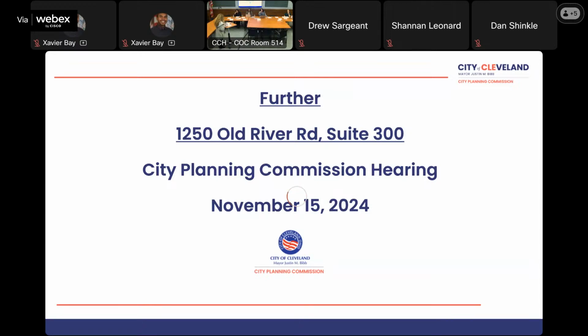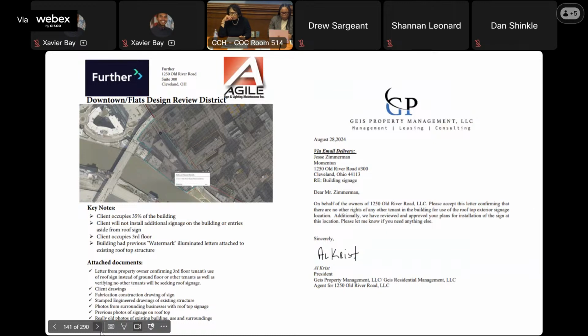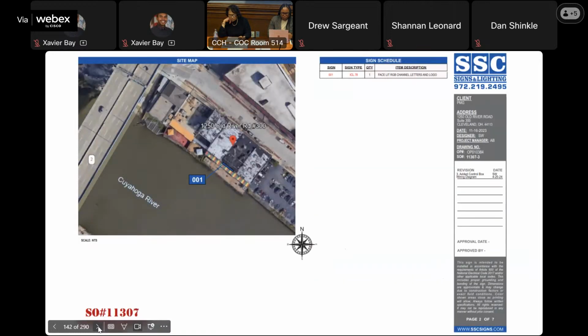Okay. Like I said, it's LED illuminated channel letters. We plan on putting LEDs in there with RGB so that the client can change the color of the channel letters during the different seasons and promotionals within the city.